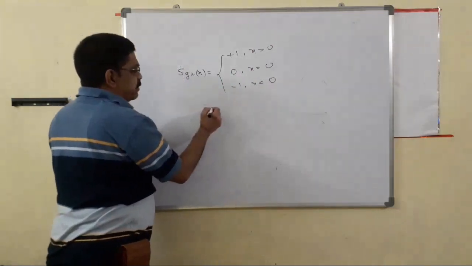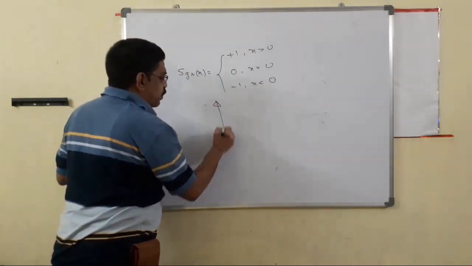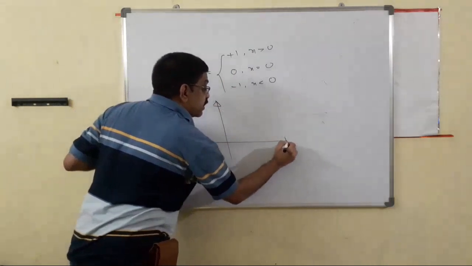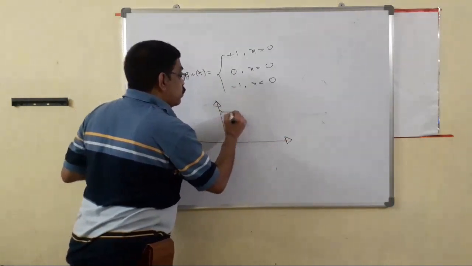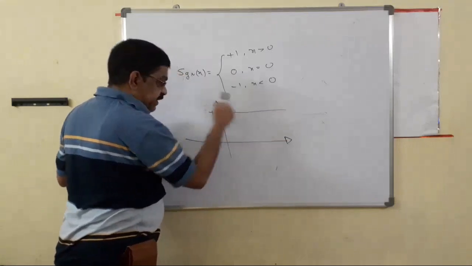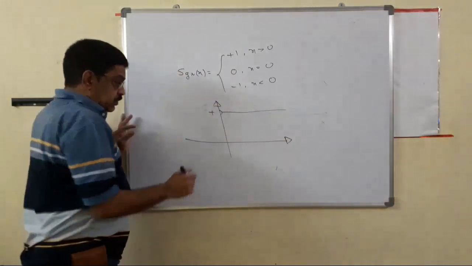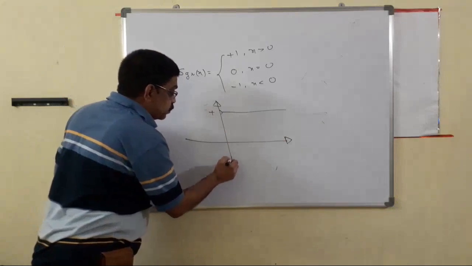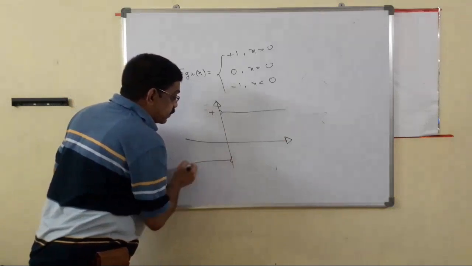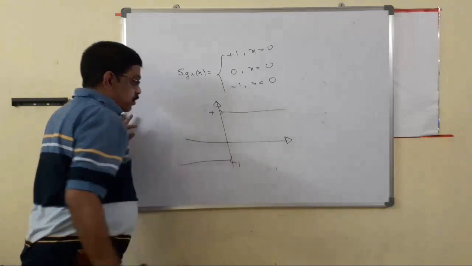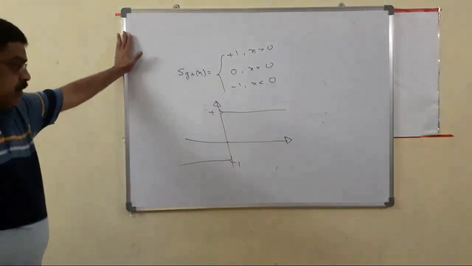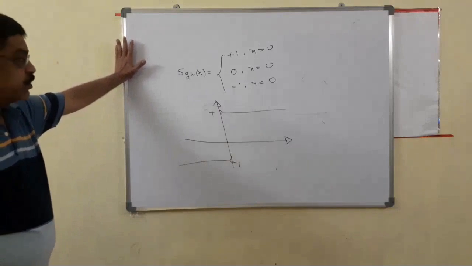And this graph can be very easily drawn, right? For positive values, you have a horizontal line whose value is plus 1, because x is positive. On the other side, because x is negative, the output is going to be minus 1. At x equal to 0, the value is 0. You have two horizontal straight line segments.